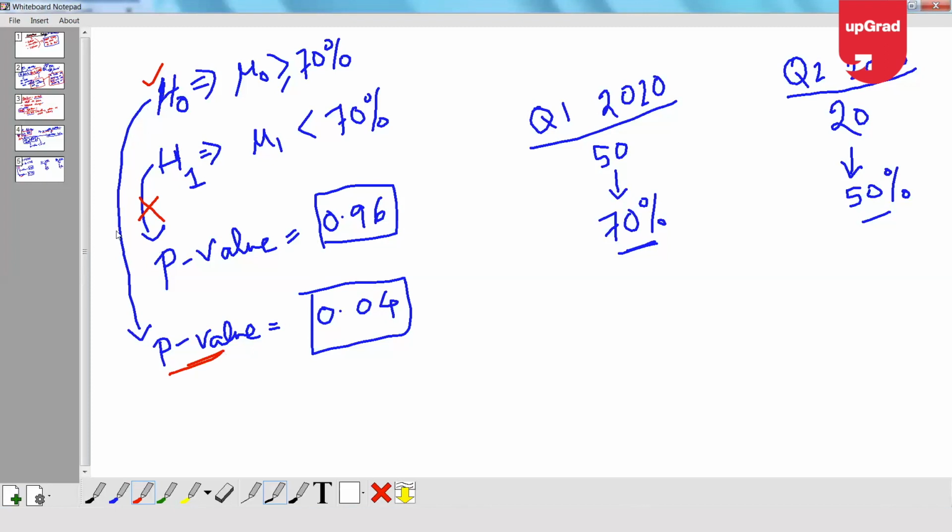We achieve the p-value of H0 or the null hypothesis, and from there we can extrapolate the alternate hypothesis if the conditions are made binary. That's the reason why, just for your understanding's sake, I made it greater than or equal to 70 and less than 70. So now I have a p-value for null hypothesis. I have a p-value for alternate hypothesis.